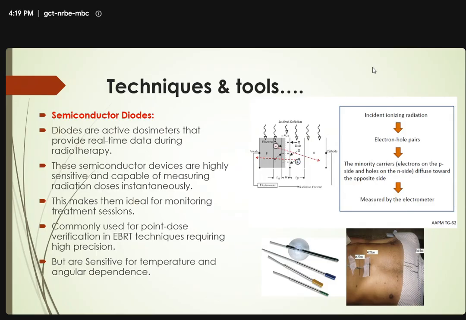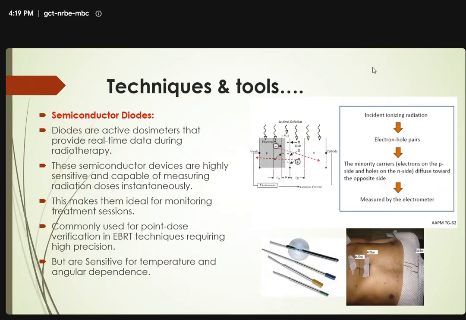Below, you are seeing these semiconductor diodes, and the same we can use for the patient for measurement of the skin doses. So these diodes are active dosimeters that provide real-time data during the radiotherapy treatment.